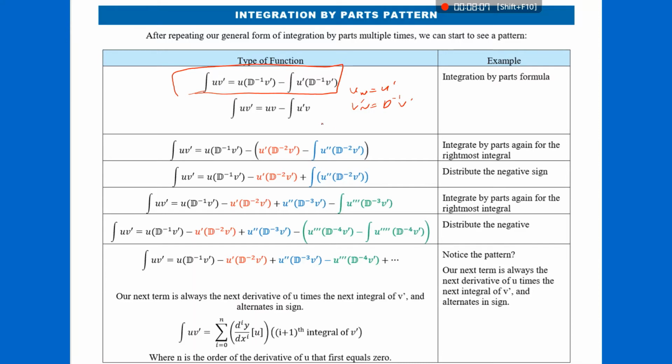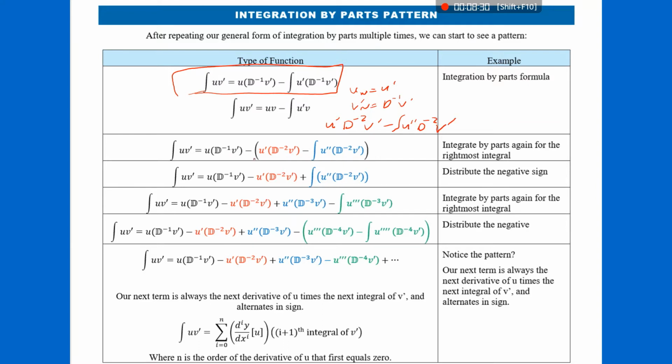So that would be u prime times the second integral of our original v prime, minus the integral of our second derivative of u, that's u prime prime, so the derivative of our new u, times again our second integral of v prime.